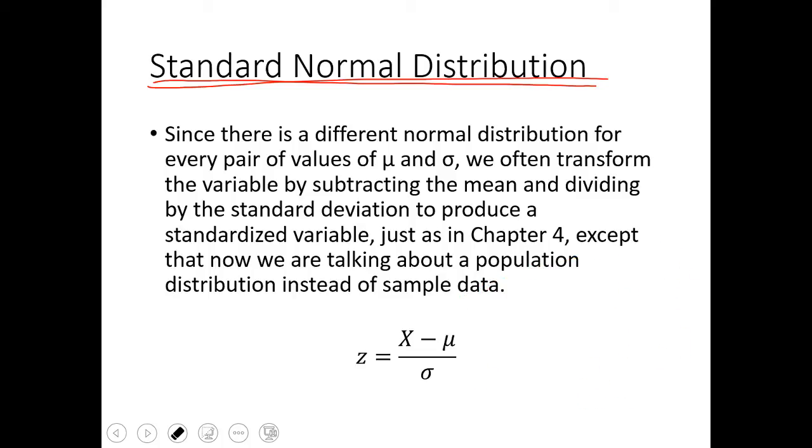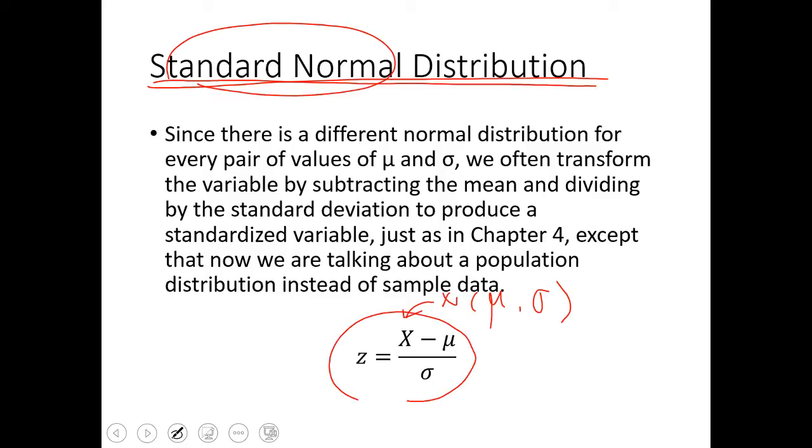So we take an arbitrarily selected normal distribution with mean mu and standard deviation sigma. If we take x minus mu divided by sigma, then it is called the normalization.